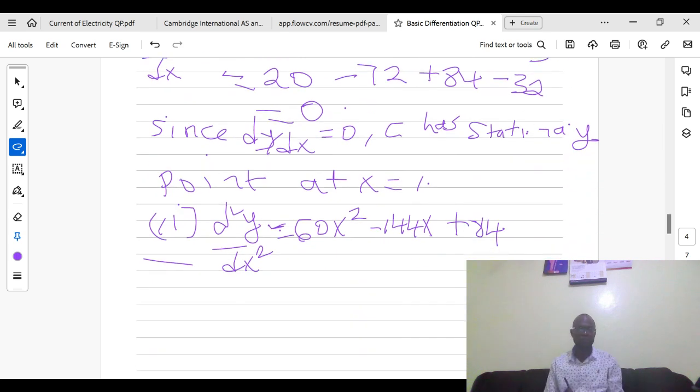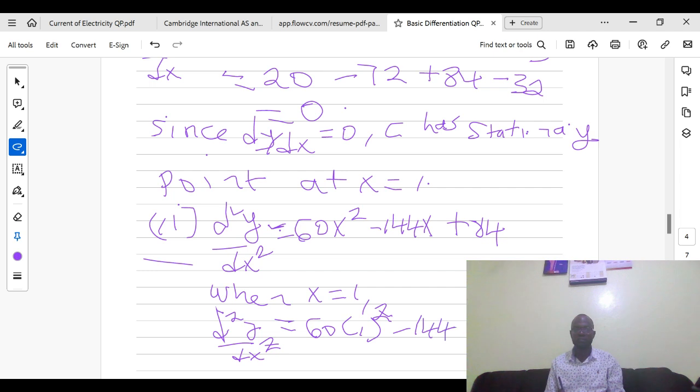So we make a substitution that when x is equal to 1, then d squared y over dx squared is equal to 60 into bracket 1 squared minus 144 into bracket 1 plus 84.